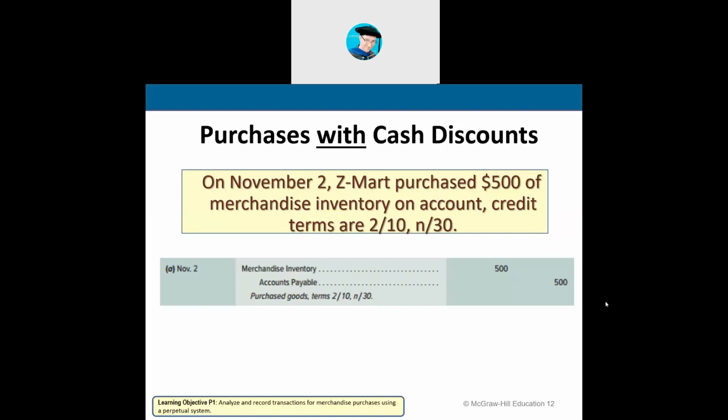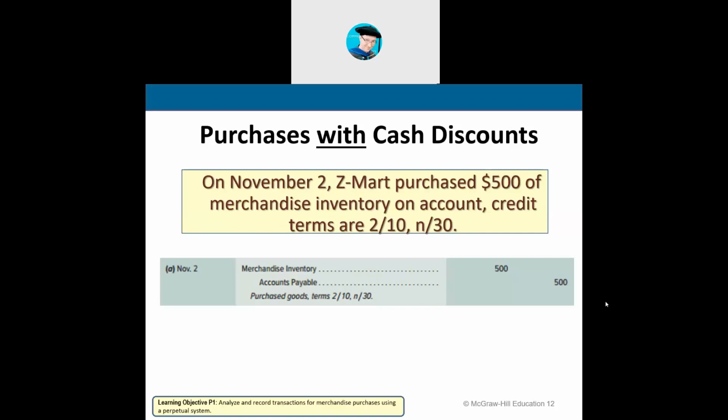Now there's a second part here, and I want you to understand this. We purchase goods, inventory, on account with credit terms. When you hear credit terms, it simply means that there's a deal in place with the vendor.